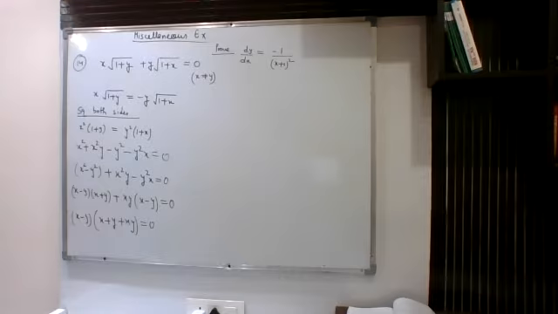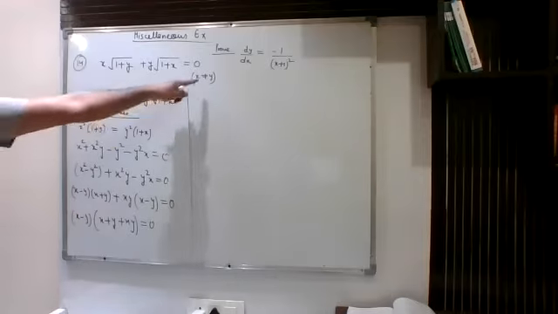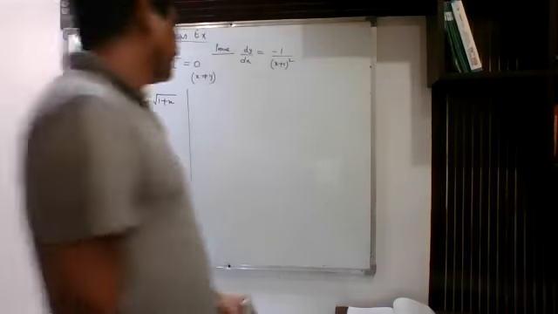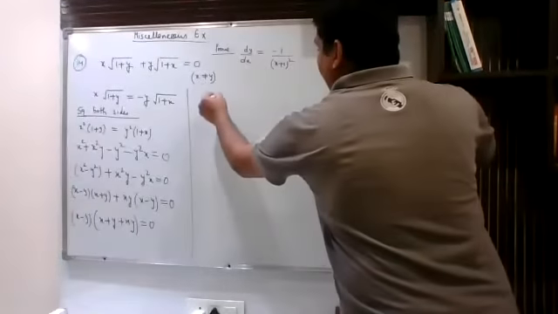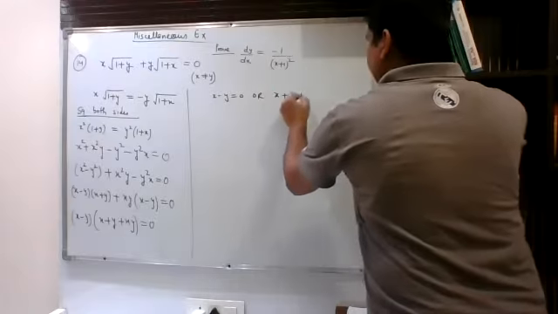So from here you will come across two situations. Either x is equal to y, which is not possible as per the given question, or this expression is equal to 0. So we get x minus y is equal to 0 or x plus y plus xy is equal to 0.